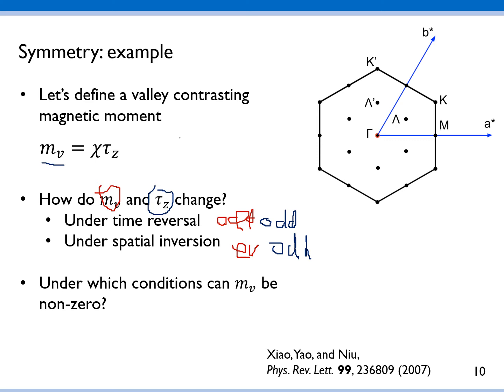It can only be 0, so it vanishes if both time reversal symmetry and spatial inversion symmetry are in place. So we need to break one of them, and we want to break spatial inversion symmetry. If we break spatial inversion symmetry, the condition that it needs to be even falls away, and we can have a non-zero valley contrasting magnetic moment.